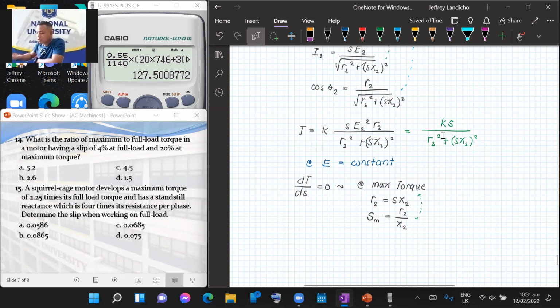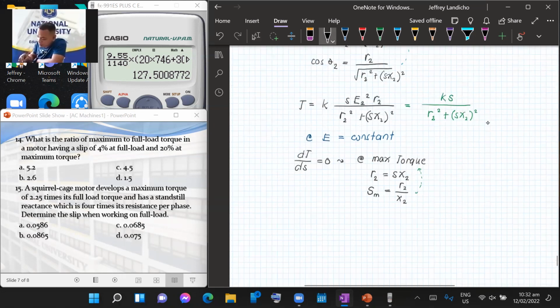So, kunin natin itong equation na to. Kapag T sub M ito, S sub M ito. Pag T full load ito, this is S at full load. Kaya ito na yung ating magiging ratio, no? So, kunin mo ratio ng torque at max over torque at full load.